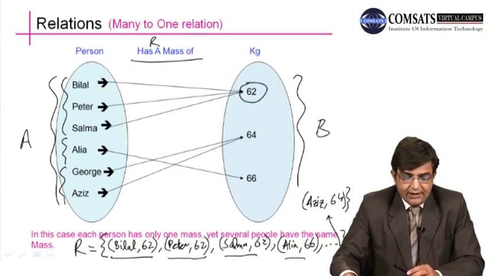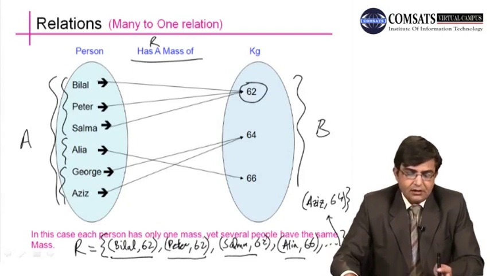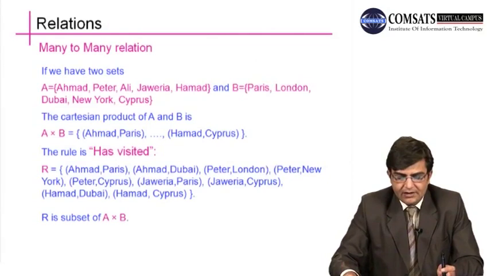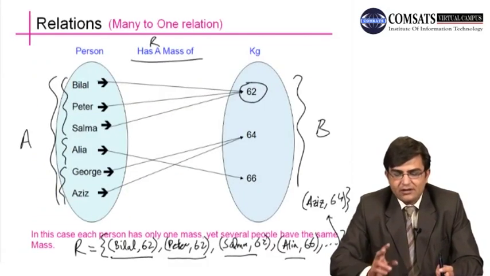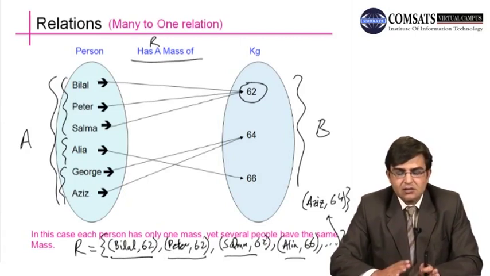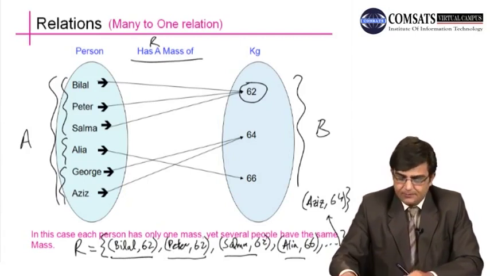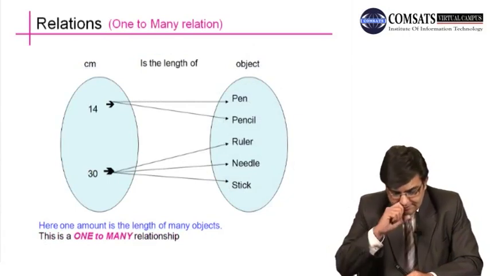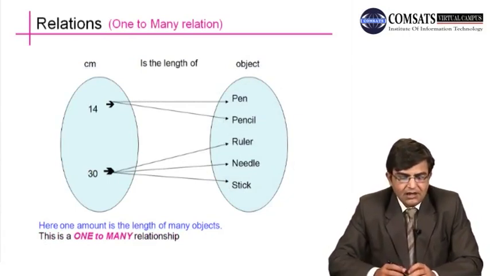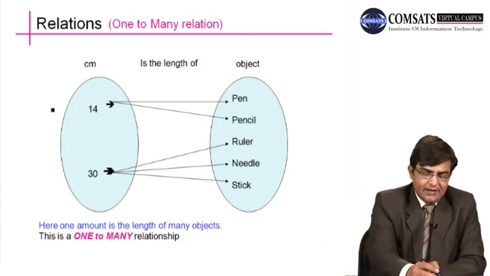So next is, we have studied until now the relations which are one-to-one, many-to-many, and many-to-one. Now we have left only one type of relation, which is one-to-many relation. In this case, here we have the lengths.